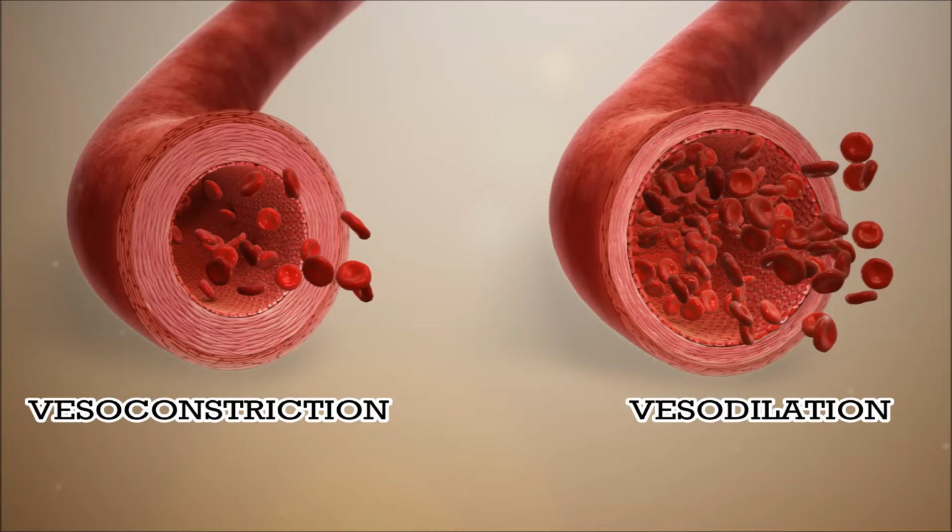So most of the time vasodilation takes place in the superficial part of our skin, the upper skin areas, where the blood vessels and arteries are.